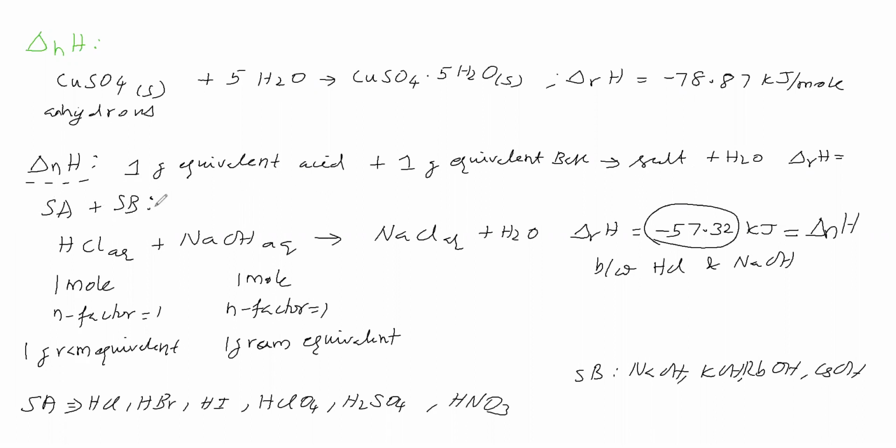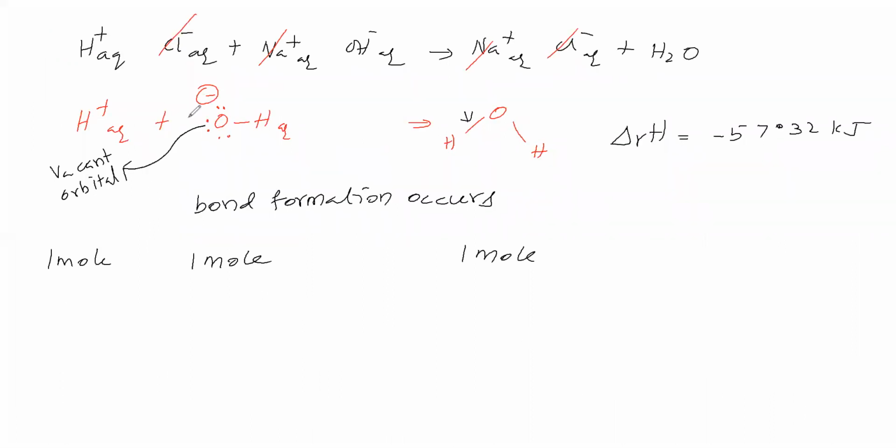For strong acid and strong base, enthalpy of neutralization can be defined in another way. When 1 mole of H plus ions from acid reacts with 1 mole of OH minus ions from base to give 1 mole of water, the amount of heat involved is called the enthalpy of neutralization.